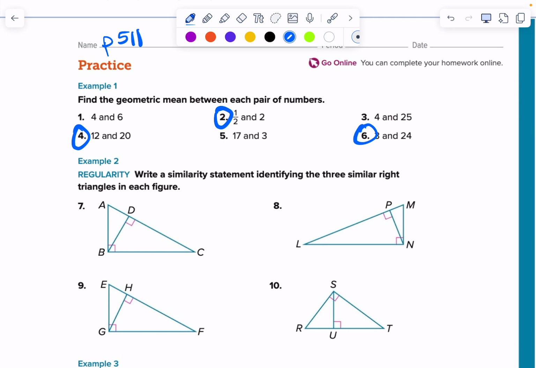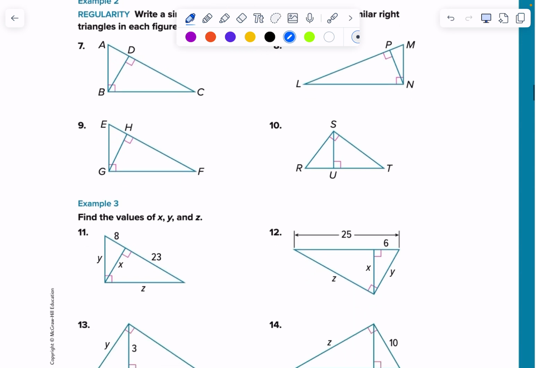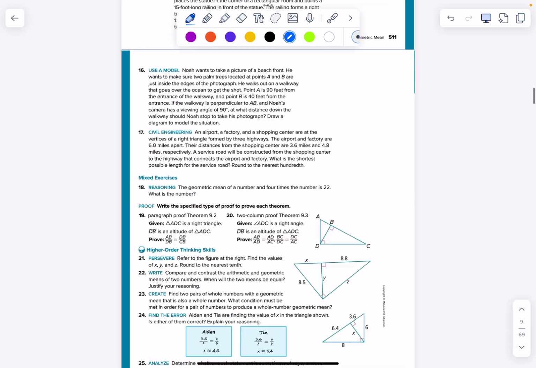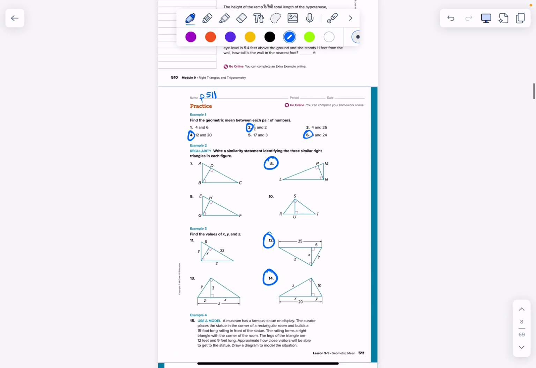Why not? Then 8, 12, 14, and that's it. We'll just do those. 6 problems. Okay? 2, 4, 6, 8, 12, 14.